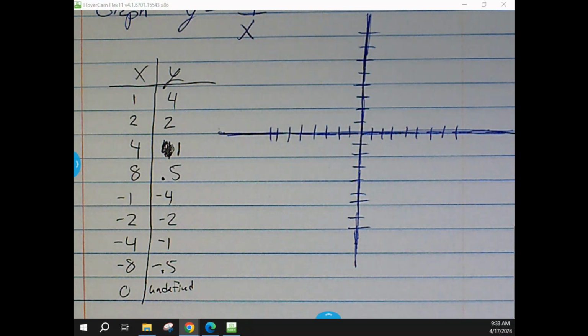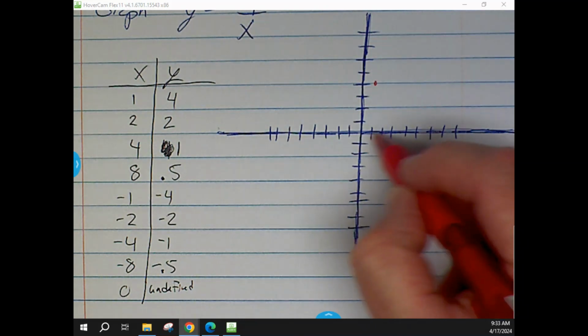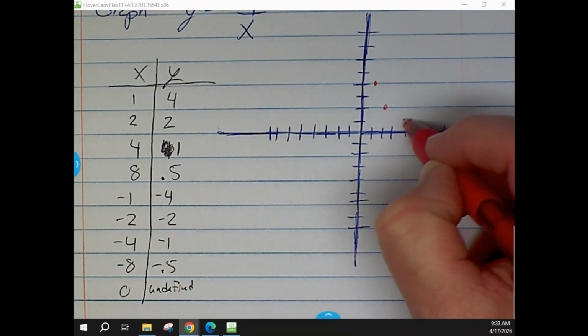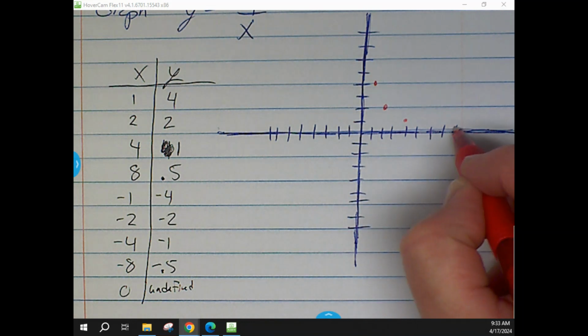If you start to plot all these points, we've got 1, 4 would put us up here. We've got 2, 2 would put us here. We've got 4, 1 would put us here. We've got 8 with 0.5 that would kind of put us there.